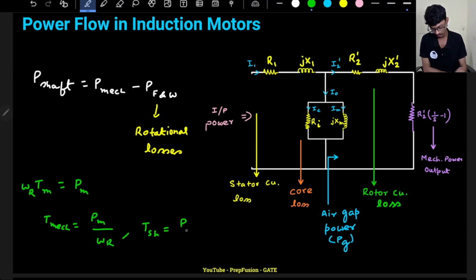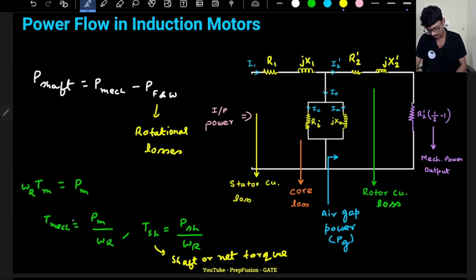This is the shaft torque, that is PSH divided by omega r, because the rotor is rotating with the same speed only. So this is known as the shaft or net torque, the torque observed on the shaft.